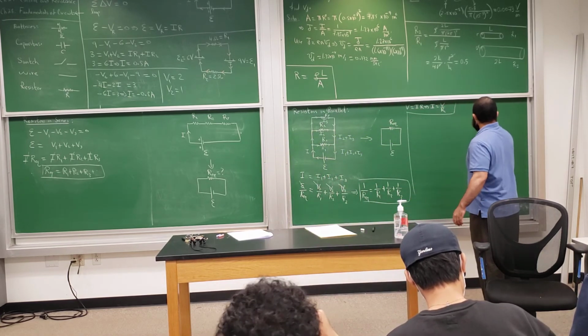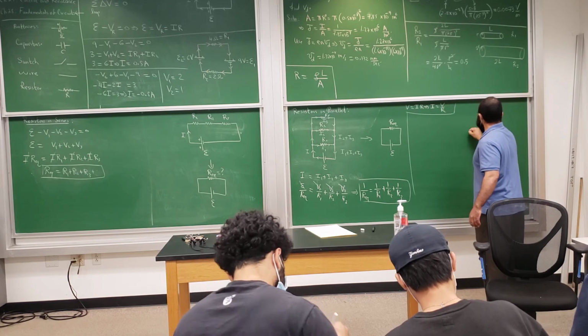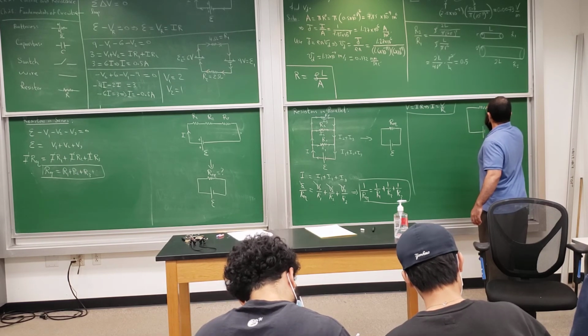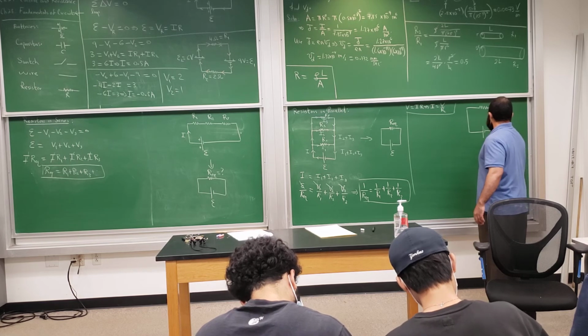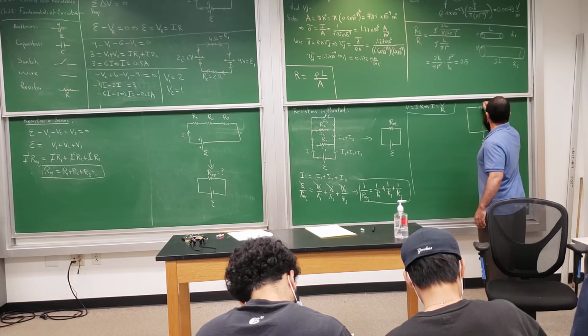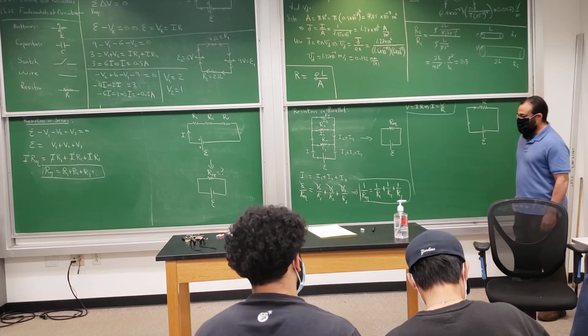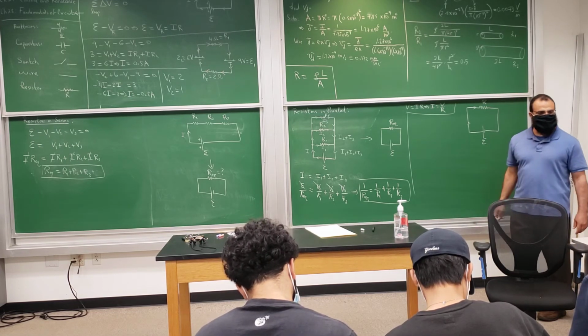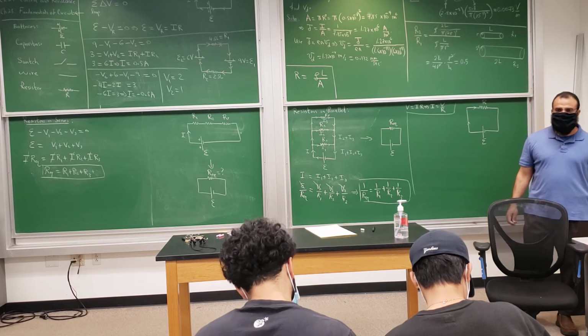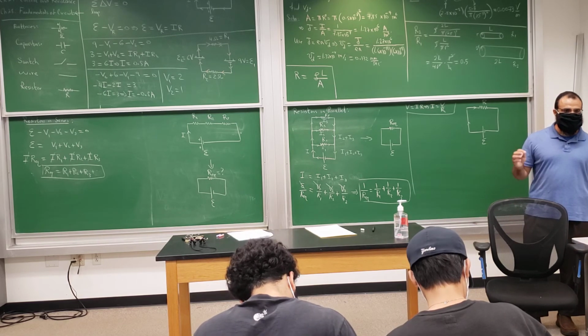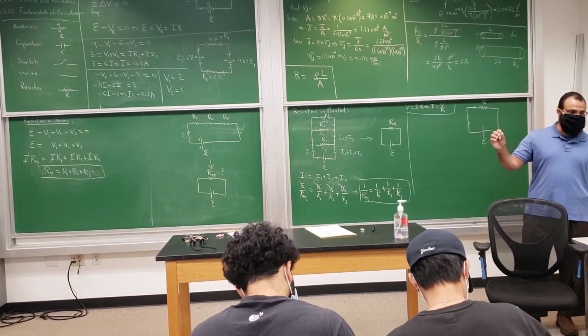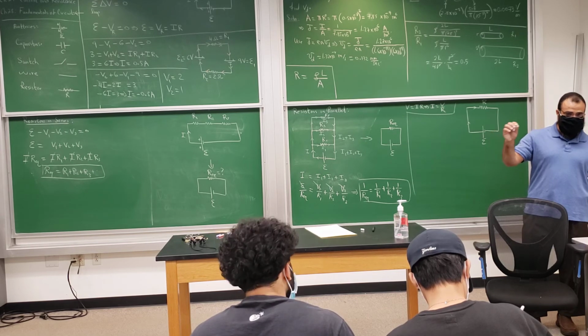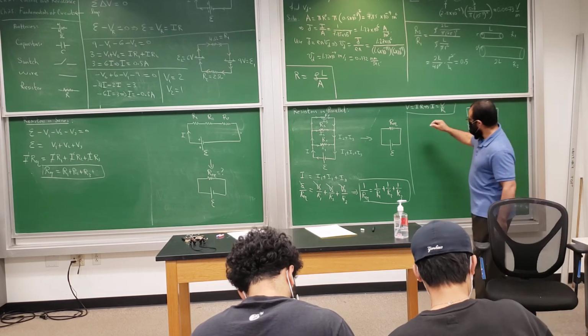So let's say I have just a battery here, and here is my resistor. This is the battery, this is the resistor, and the current is flowing, right? Remember what the voltage is? It's a joule per coulomb. The amount of energy it takes to take a charge from one end to the other will equal this.